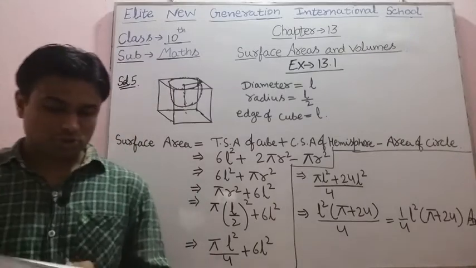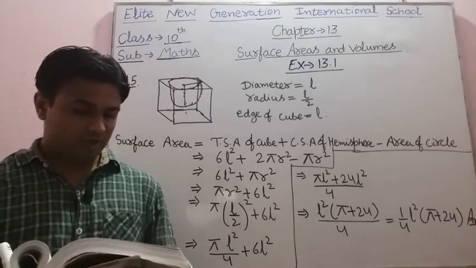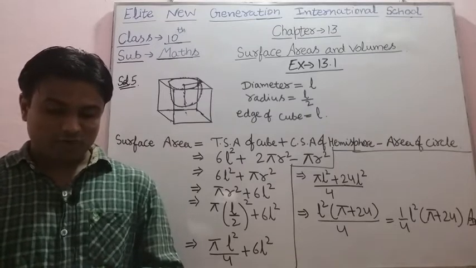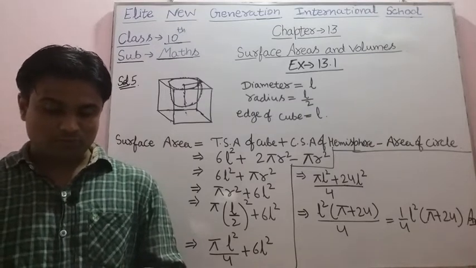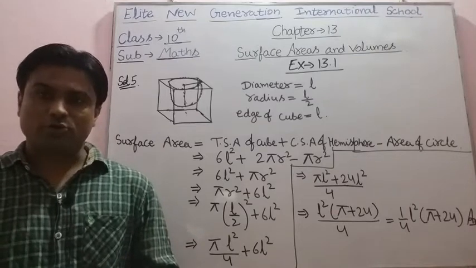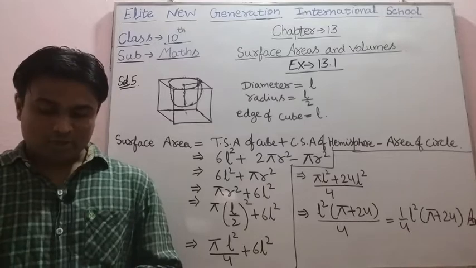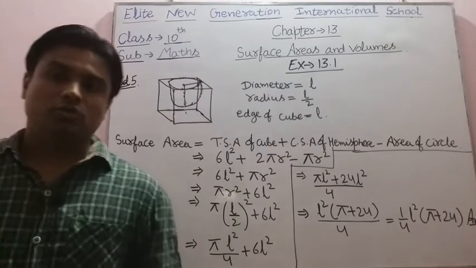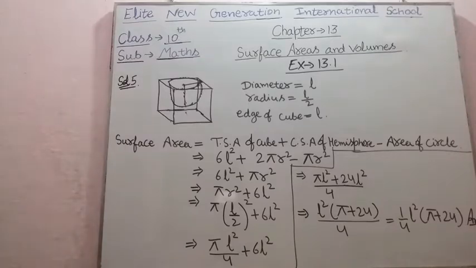So after this, see question number 5. In question number 5 we are given that a hemispherical depression is cut out from one face of a cubical wooden block such that the diameter L of the hemisphere is equal to the edge of the cube. So determine the surface area of the remaining solid. So here we have a cube or cubical block.